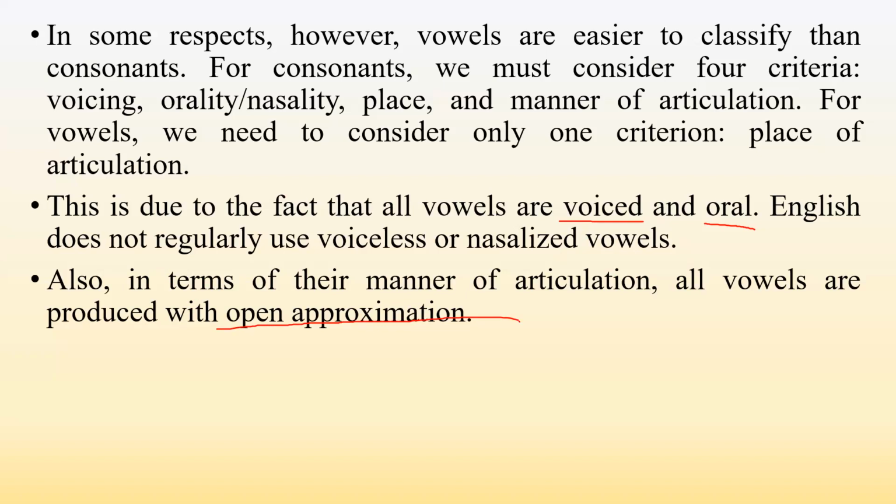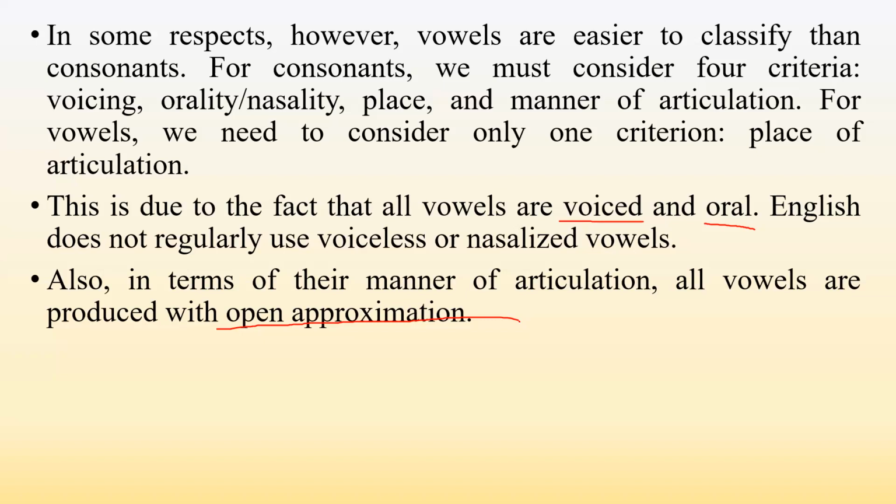This is opposite to the close approximation, right? Close approximation means the 2 articulators are coming closer, obstructing the airstream. And open approximation means the 2 articulators are not contacting each other. They are not coming closer. In other words, the airstream is not obstructed.